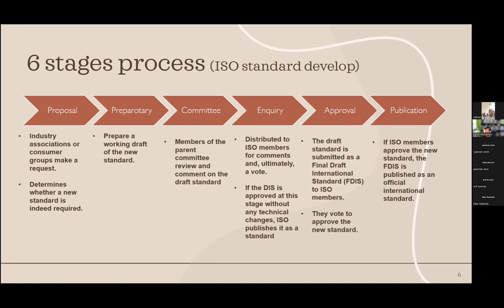Next, approval: the draft standard is submitted as a final draft international standard to ISO members. Then they vote to approve the new standard. And last, if ISO members approve the new standard, the FDIS is published as an official international standard.